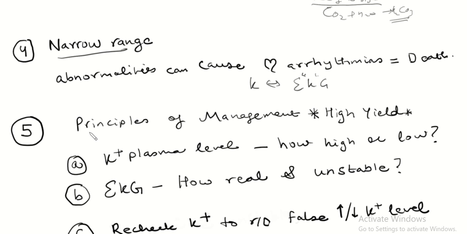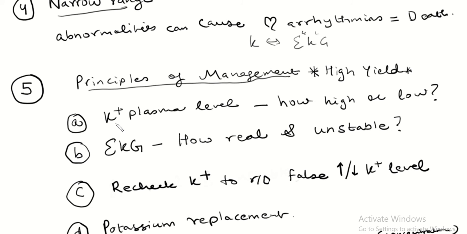So let's talk about some principles of management of potassium and its abnormalities. First thing to check, potassium plasma levels. How high or how low? Okay, a potassium level of 9 obviously is very high and much, much more troublesome than, say, something like 5.2.